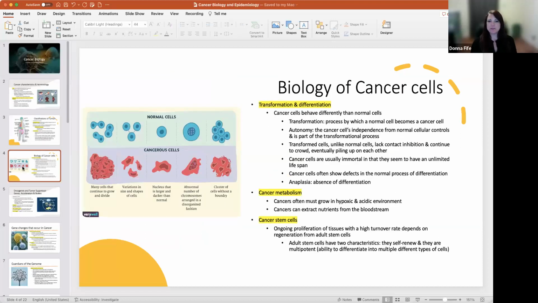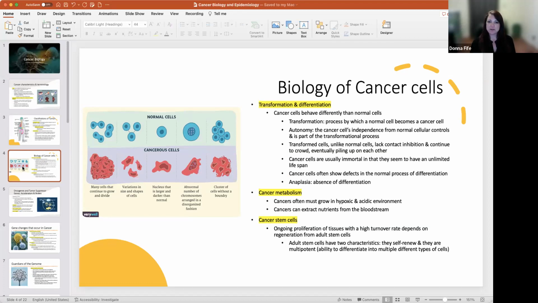The biology of cancer cells, there's transformation and differentiation. Cancer cells behave differently than normal cells. Transformation, there's a process by which a normal cell becomes a cancer cell. Autonomy, the cancer cell's independence from normal cellular control, is part of the transformational process.